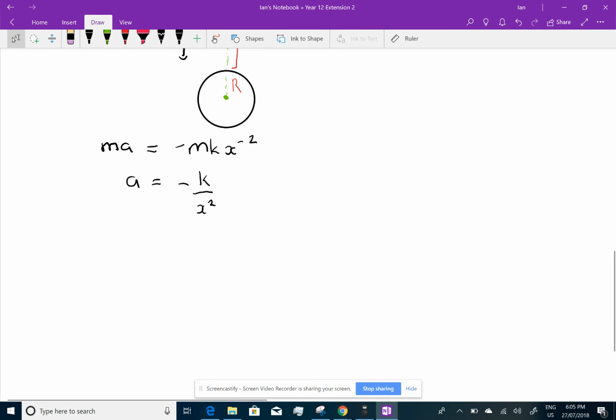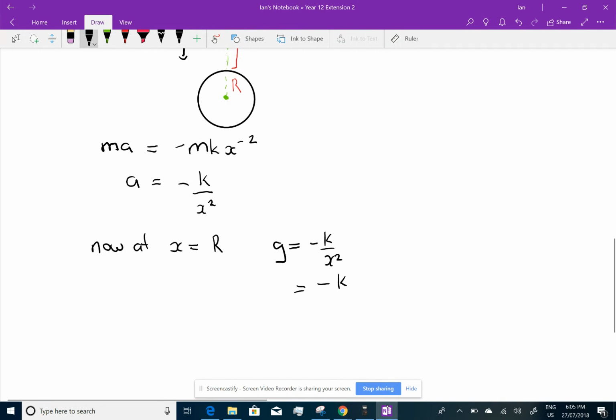So, at the time when we throw it, when x equals r, because we're going to be talking about this from the centre of the Earth, when x equals r, gravity equals minus k on x squared, which is going to be minus k on r squared.